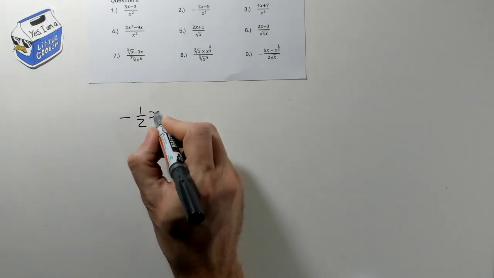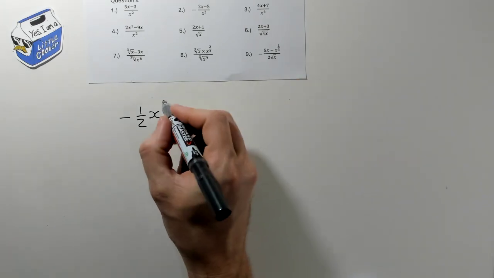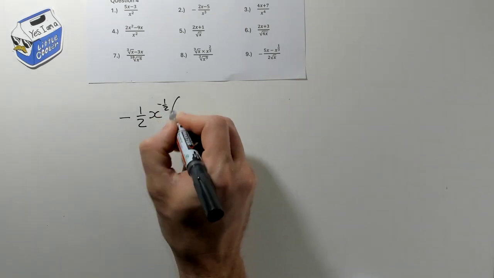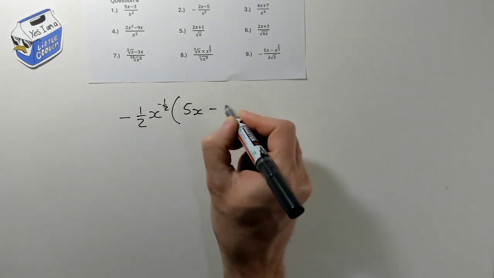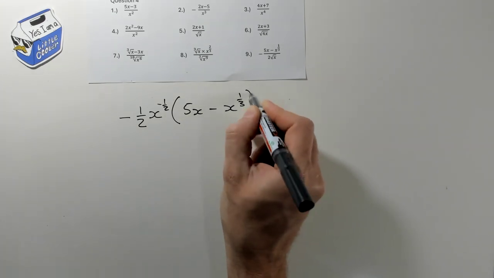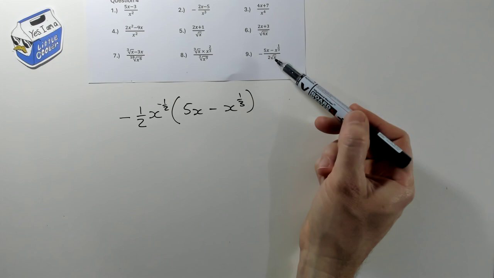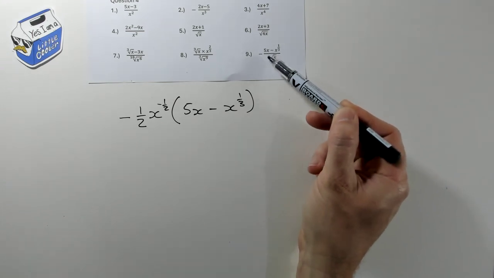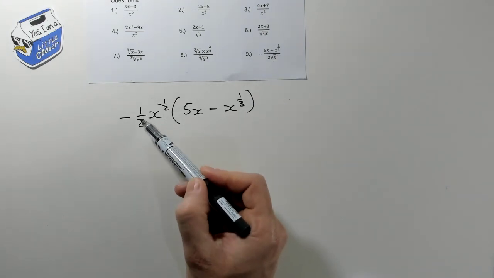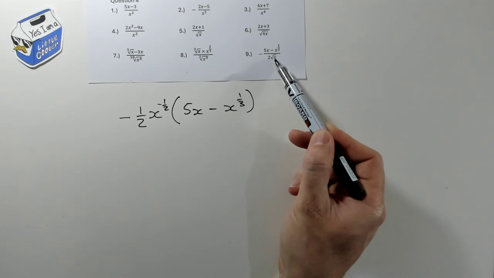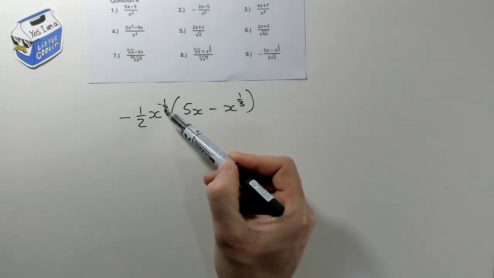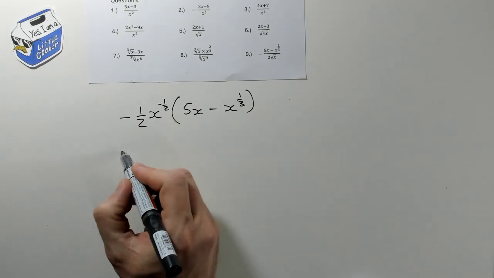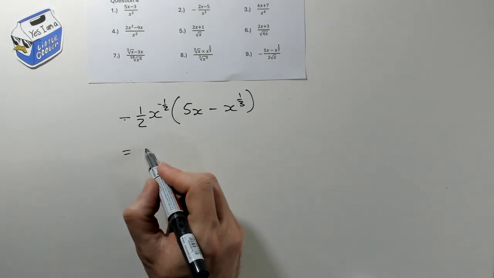Almost did that again. x to the power of negative half, all multiplied with 5x minus x to the power of a third. Let's just quickly check. So this was a 2, but that's actually part of a half. So that's the half, and that's x squared. So that's x to the power of a half, but it moves up, so it's x to the power of negative a half.